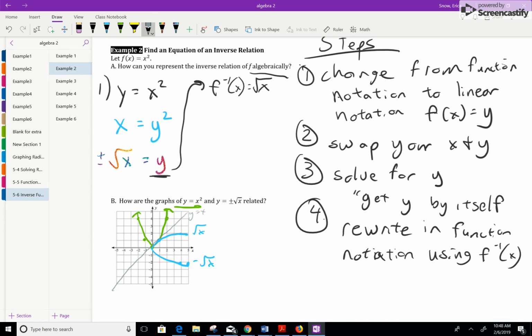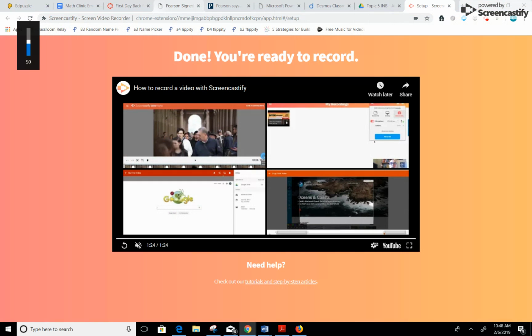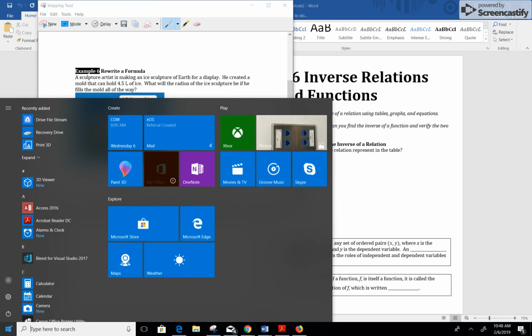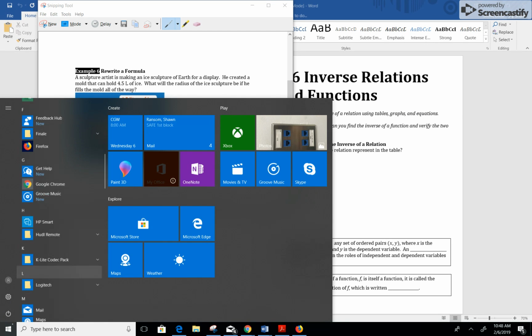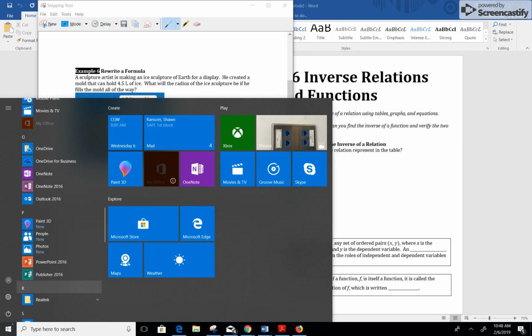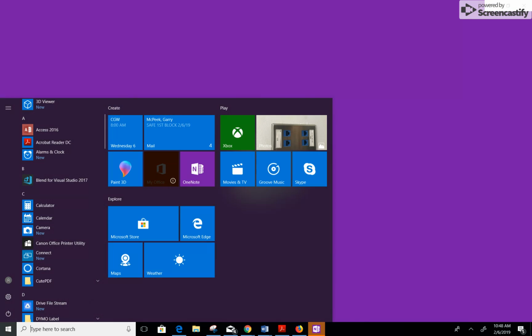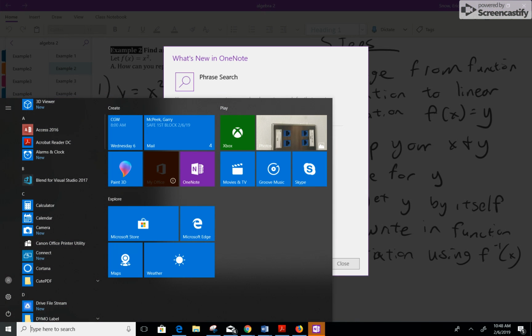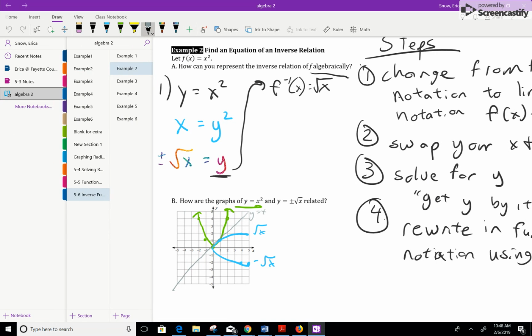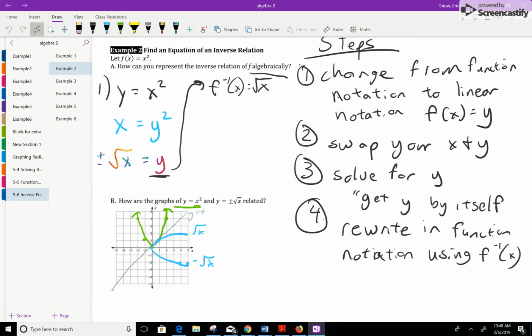If you folded that graph on that diagonal line, I hope you drew that on your paper, your blue line and your green line would touch.